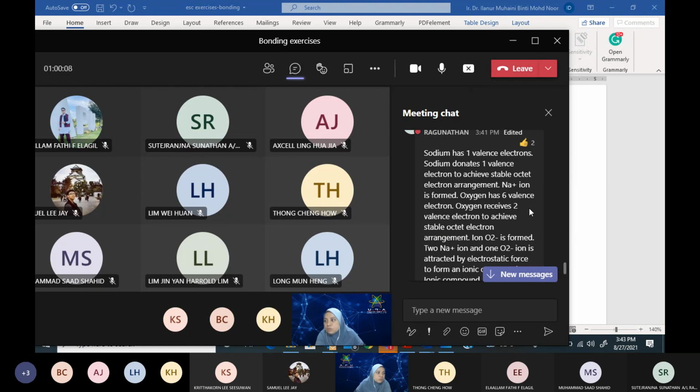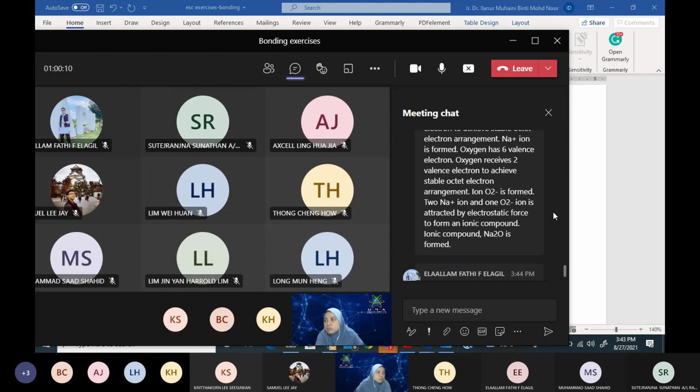Oxygen receives 2 electrons to achieve a stable octet electron arrangement. O2- ion is formed because it receives 2, so it becomes 2-. Okay, correct.